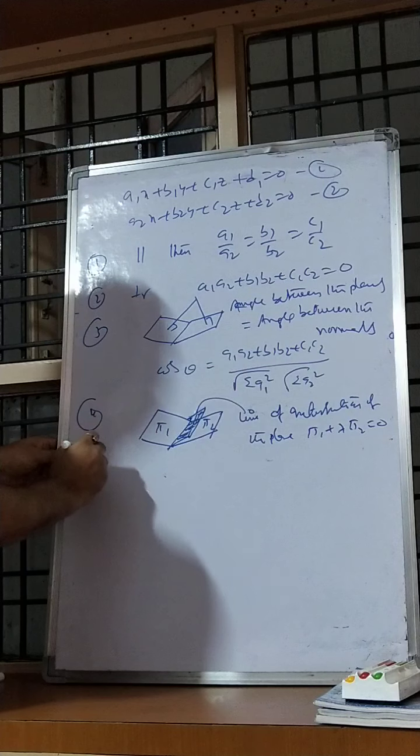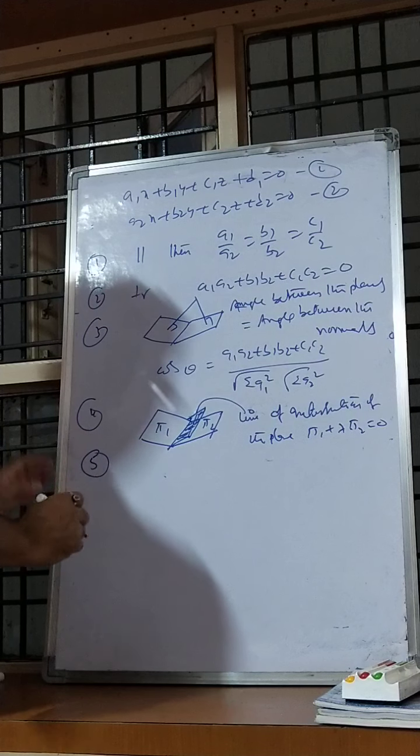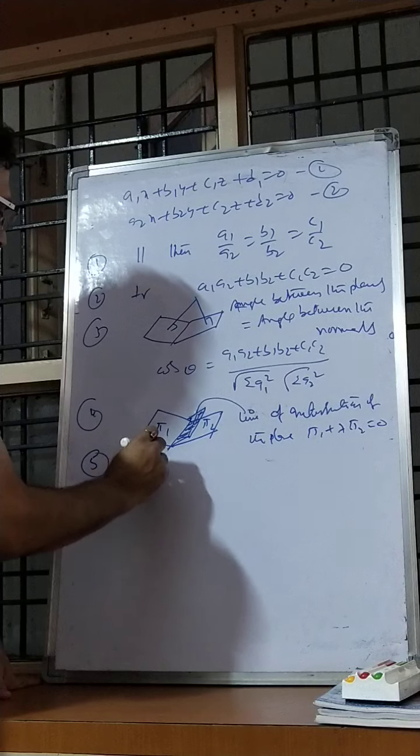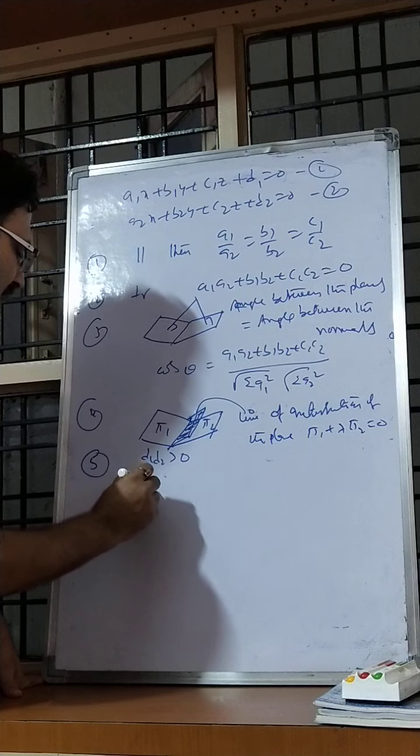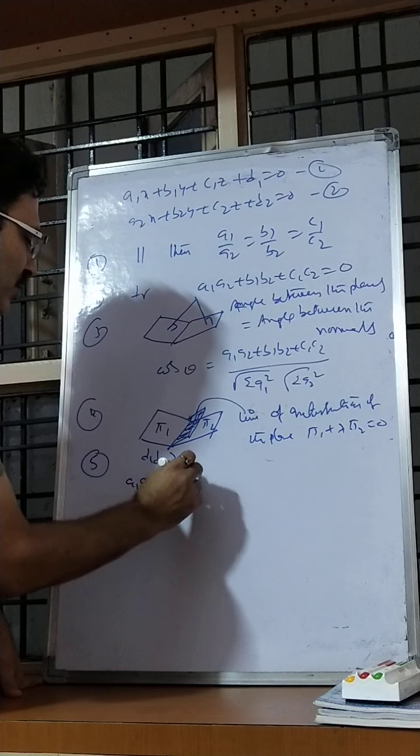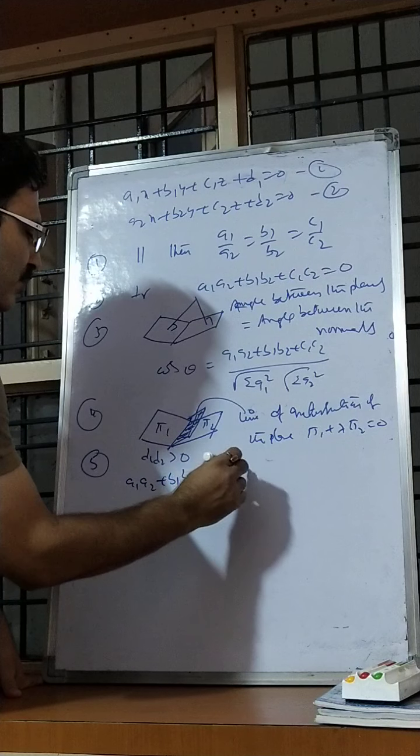And the fifth point after this: suppose you go for d1 d2 greater than 0. Another case is like this: a1 a2 plus b1 b2 plus c1 c2 is positive.